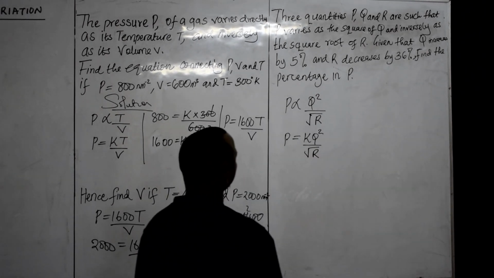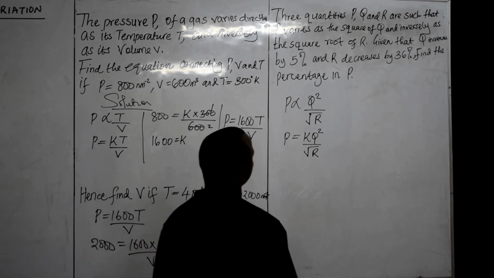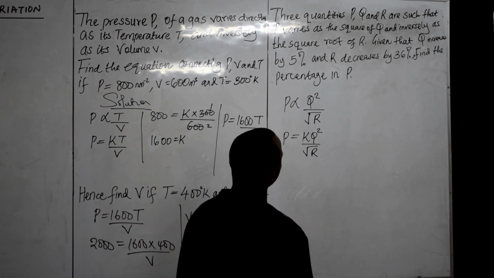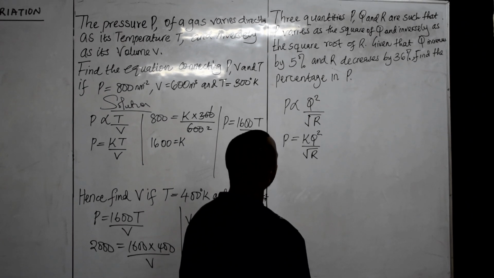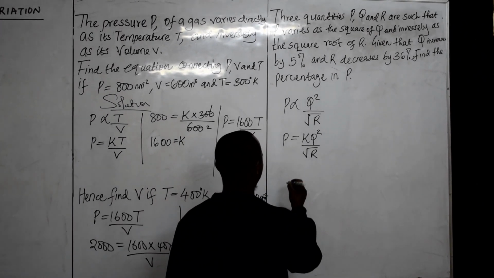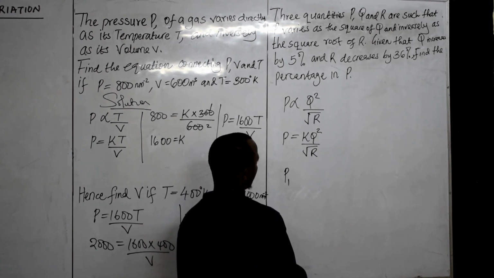Given that Q increases by 5% and R decreases by 36%, find the percentage change in P. So we go for the new P, we can call it P1.